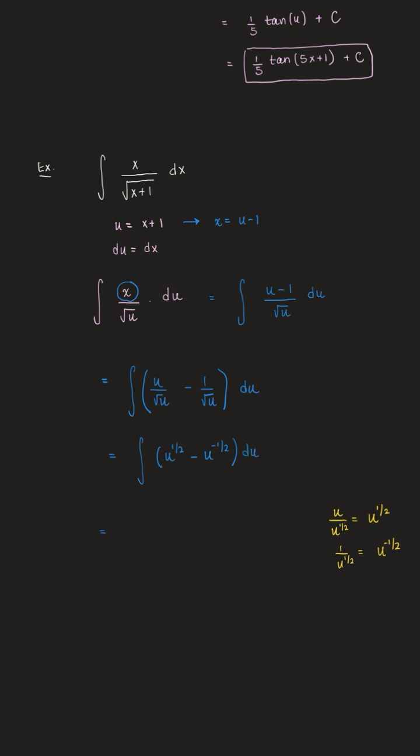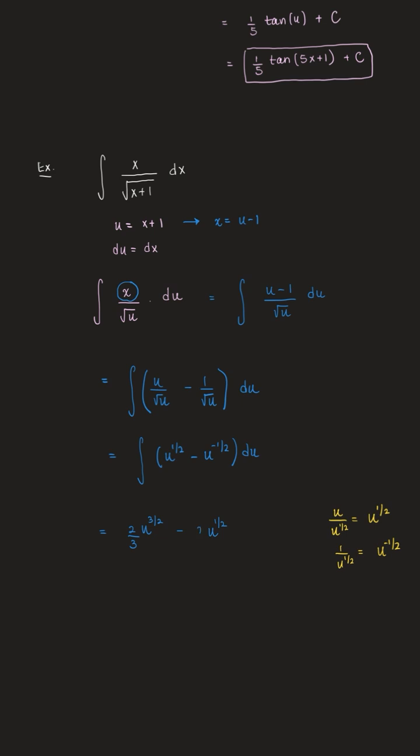I'm going to use the power rule for each term, adding 1 to the exponent and dividing by the new exponent. So u to the 1/2 plus 1 is u to the 3/2. And when we divide by 3/2, we multiply by 2/3. Minus, when we add 1 to negative 1/2, we're going to have u to the positive 1/2.